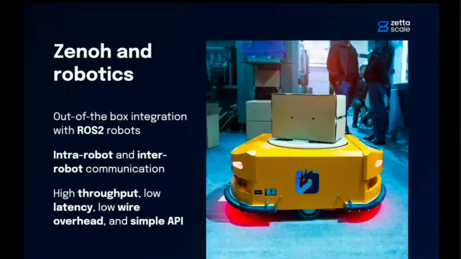This brings us also to how not only Zenoh in the smart factory, but also Zenoh with robotics in general. We have seen this out-of-the-box integration with ROS2 robots, and ROS2 is a very widely available framework for robotics development. In addition to that, how does Zenoh position for robotics?